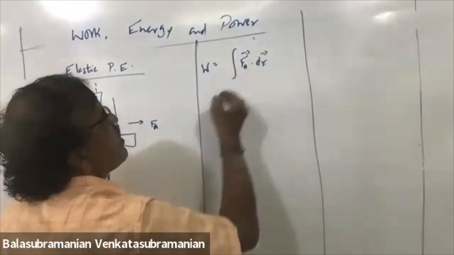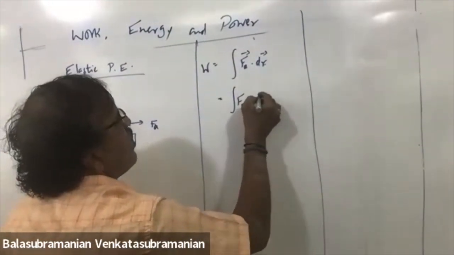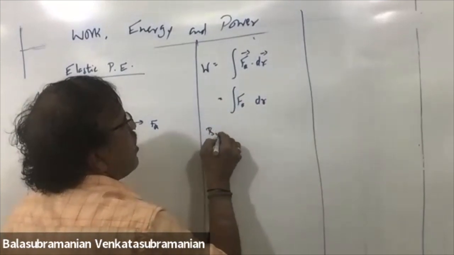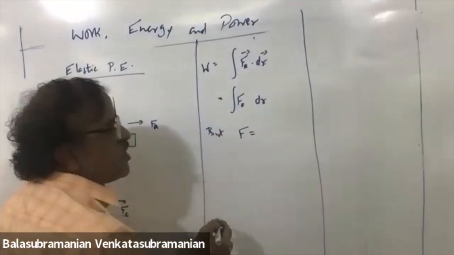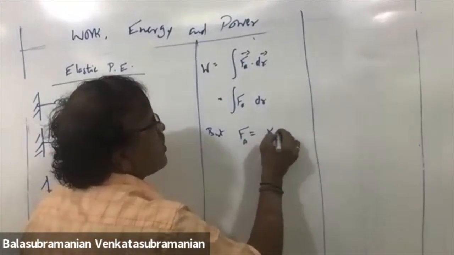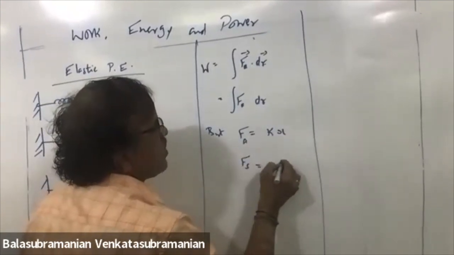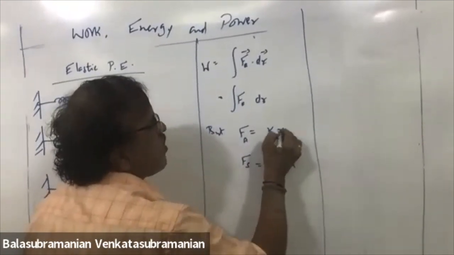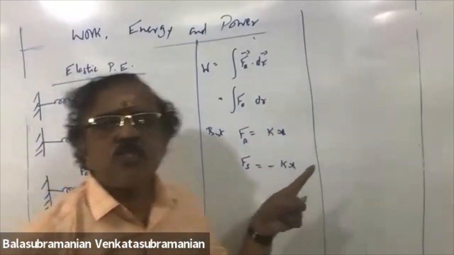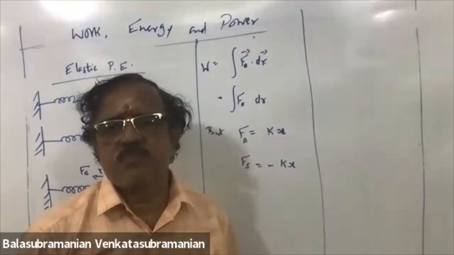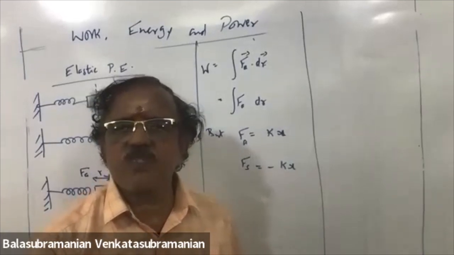So I can write F_a dr. But F_a is kx, Fs is minus kx. k is called the spring constant, force constant or spring constant.